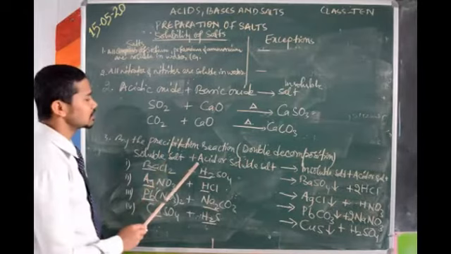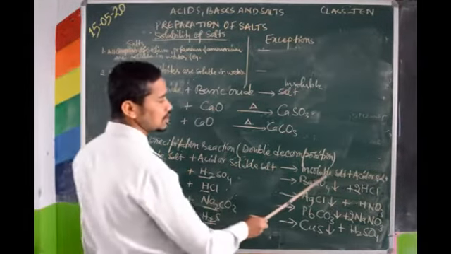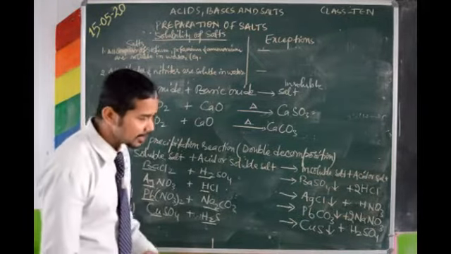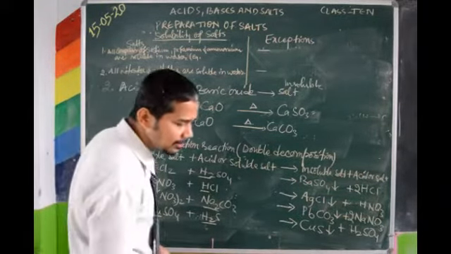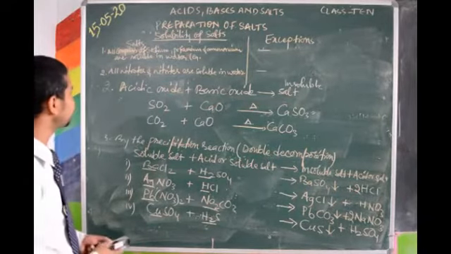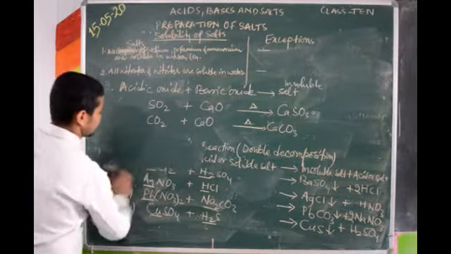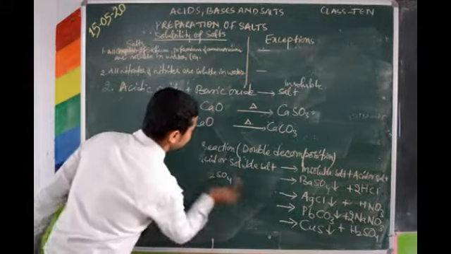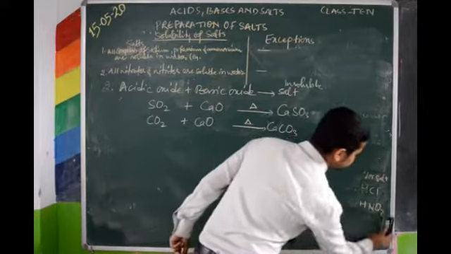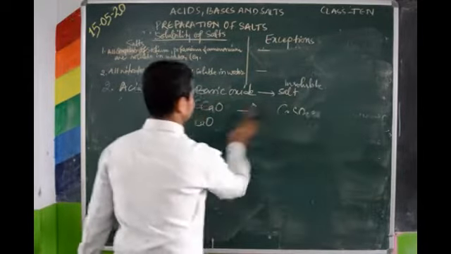Number 3, soluble salt plus acid or soluble salt gives insoluble salt plus acid or salt. Okay, now this is all about the preparation of salts. Now from this chapter, whatever is there in your syllabus is all done.